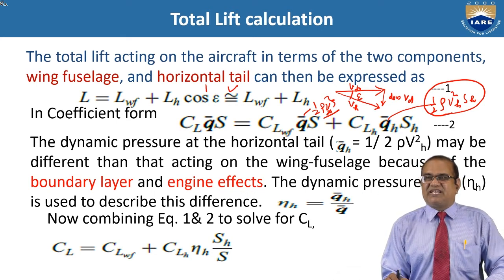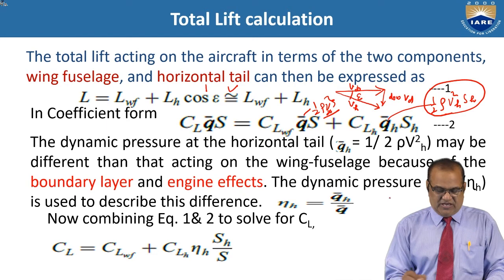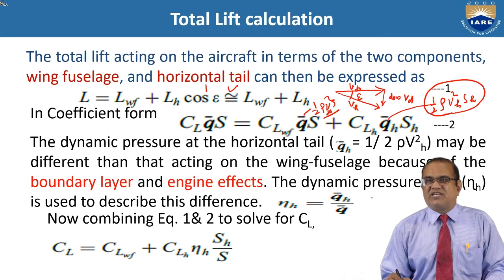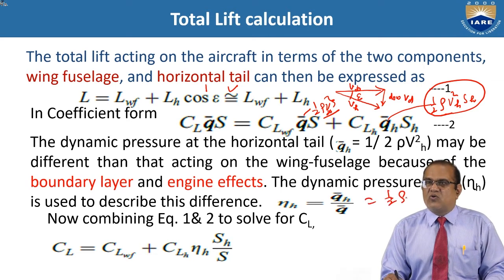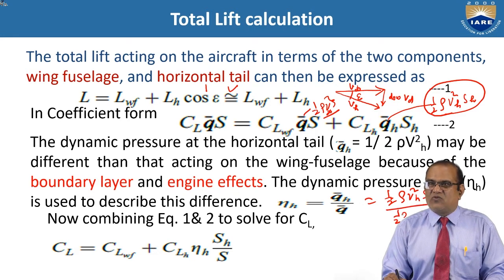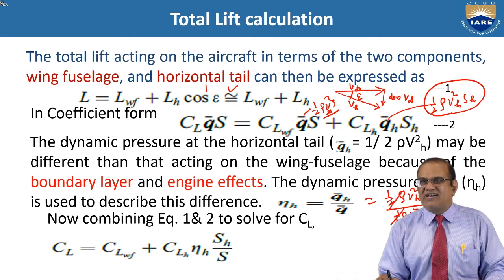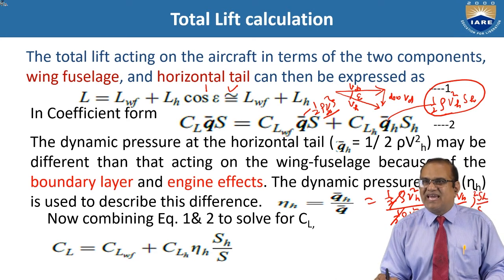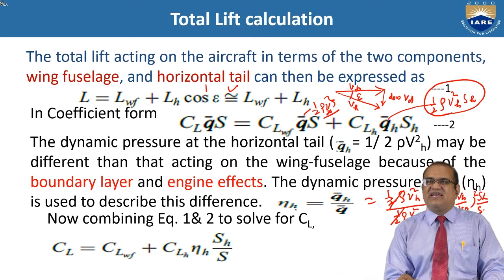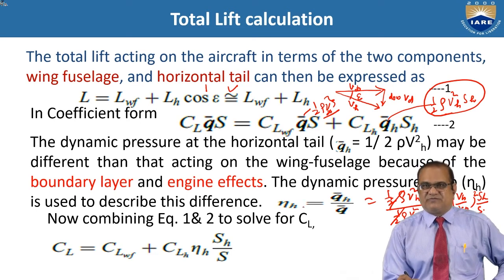The dynamic pressure ratio, that is called eta_H, is used to describe the difference, that is eta_H is equal to Q_H by Q. So how much? Q_H is half rho V_H square S_H divided by half rho V square infinity into S. This can cancel. So (V_H by V infinity) square into S_H by S. So this is called the dynamic pressure ratio.